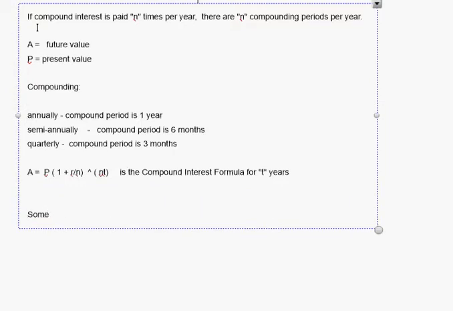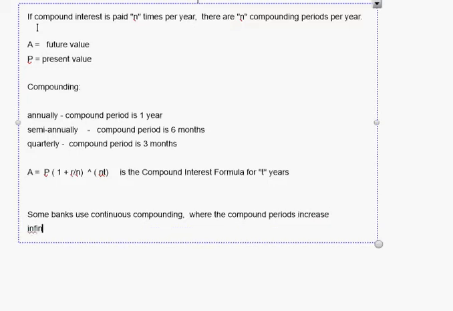Some banks use continuous compounding, where the compound periods increase infinitely.